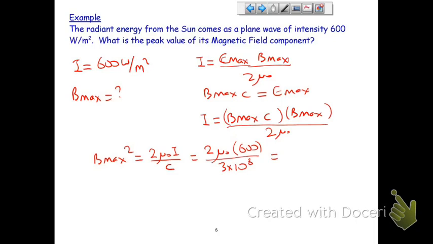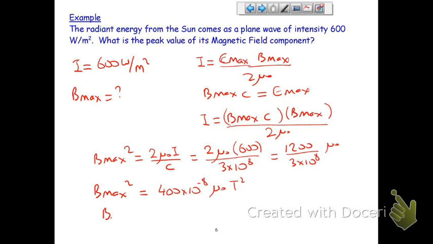So that equals 1200 over 3 times 10 to the 8 times mu naught. So B max squared is equal to 400 times 10 to the minus 8 mu naught Tesla squared.